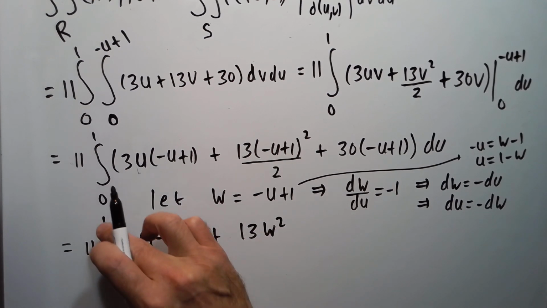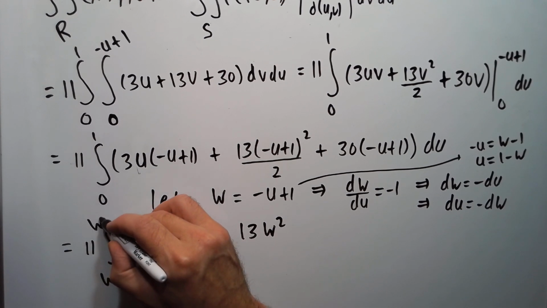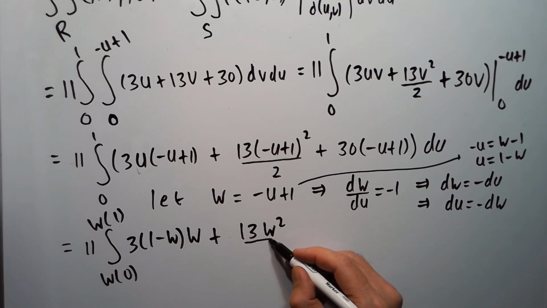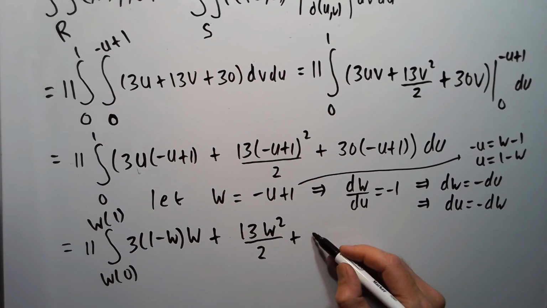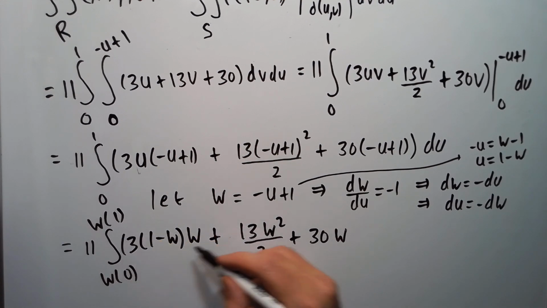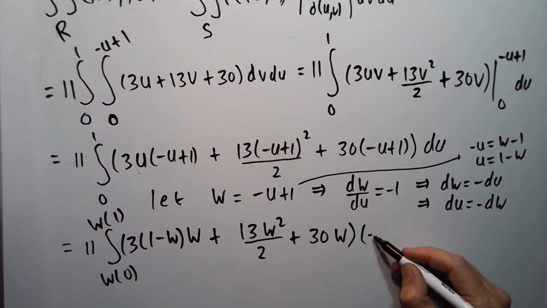Oh, sorry, we need to change these limits too. This should be w of 0, w of 1, so w squared over 2 plus 30 times w times du, but du now is negative dw.